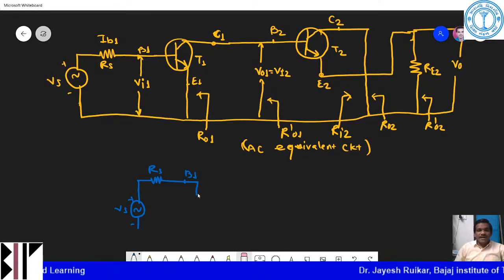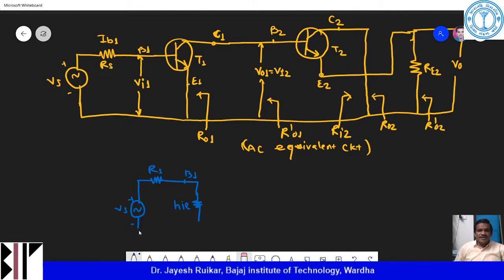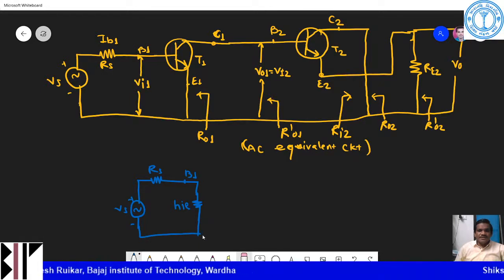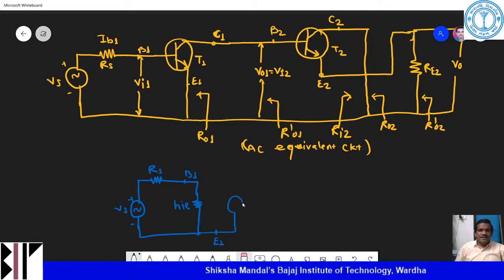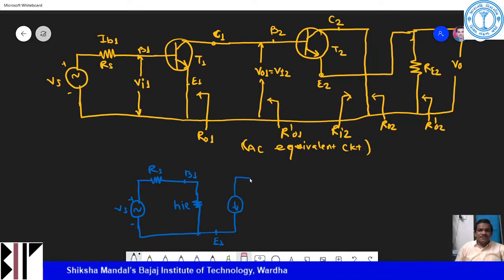So I will add here HIE, and then this is my emitter terminal E1. Okay, and then I need an independent current source here, and then this is my C1.